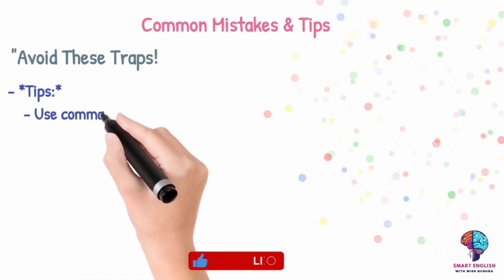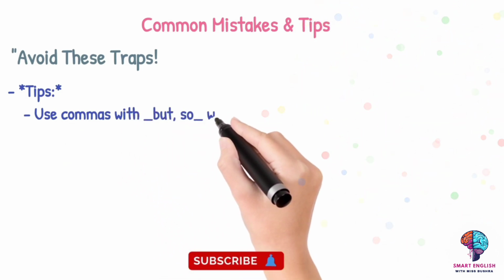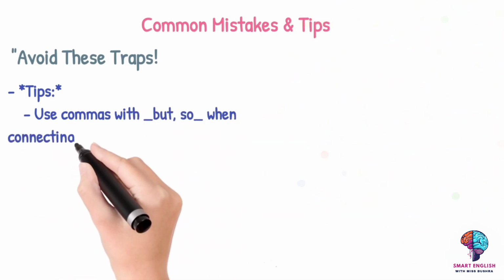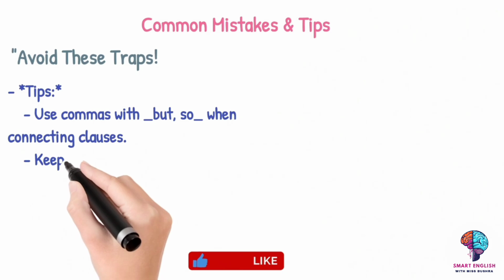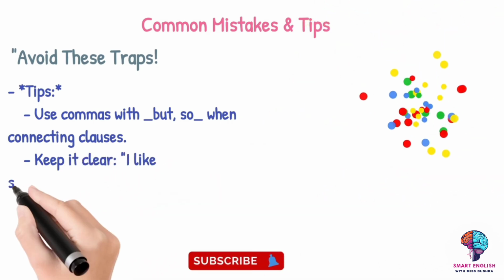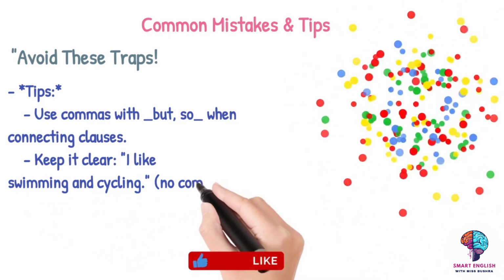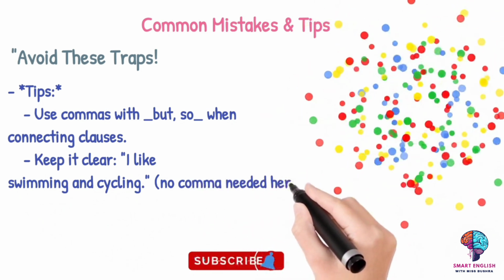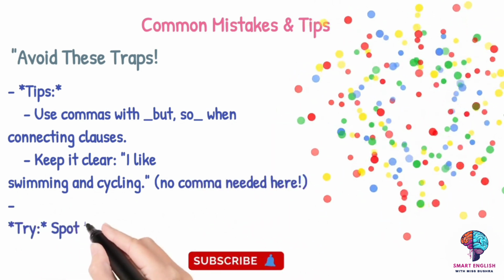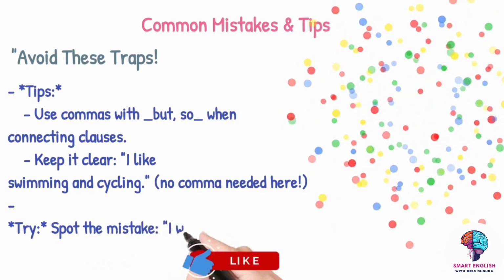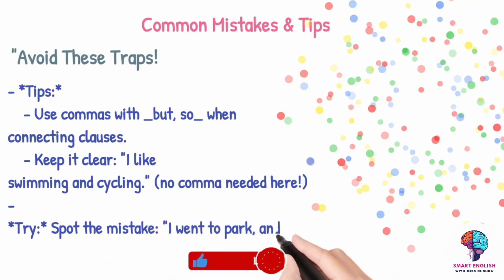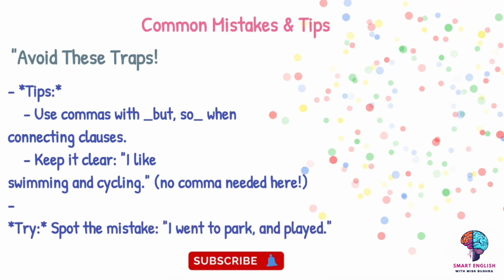Likewise, now some of the common mistakes and tips, let's explore them. Avoid these traps. Tips: use commas with but, so, and so on when connecting clauses, keep it clear. I like swimming and cycling. There is no need to use a comma there. Let's talk about one more important thing. We are talking about written work here.